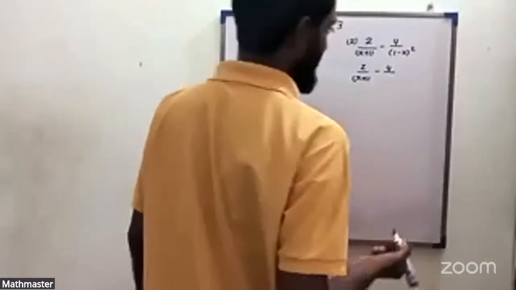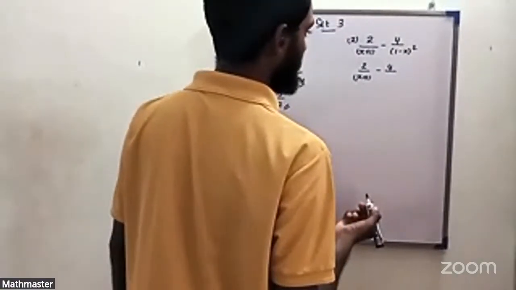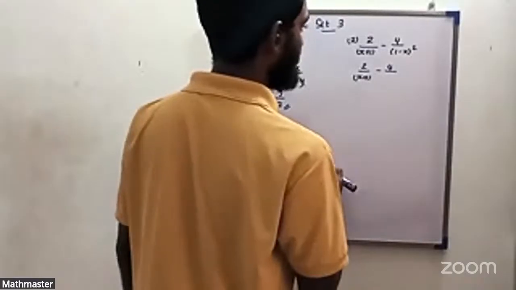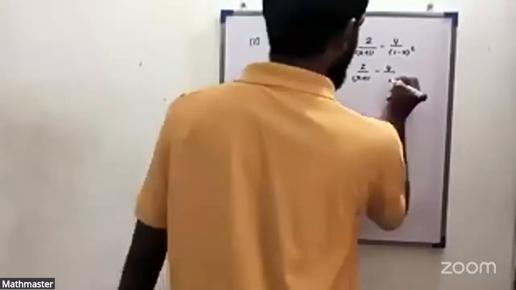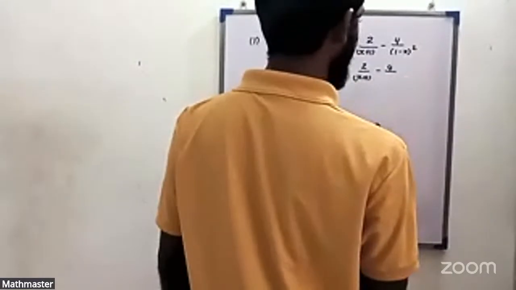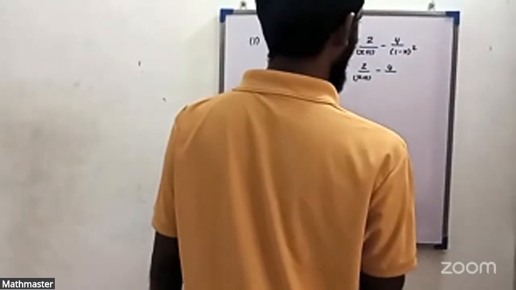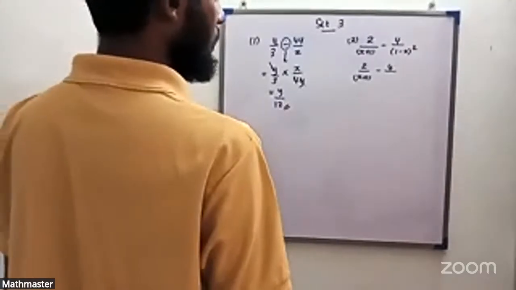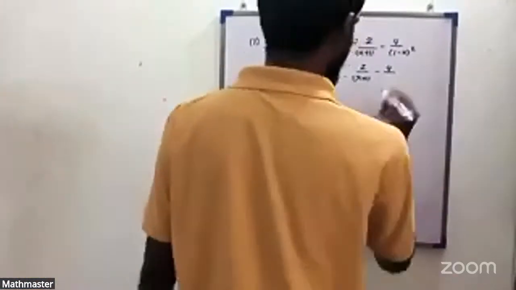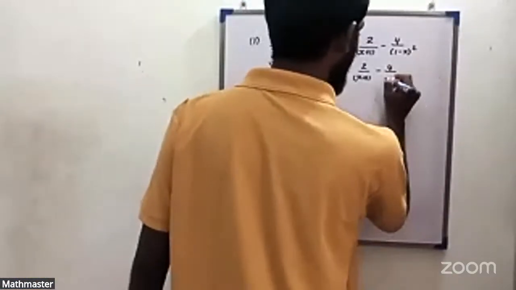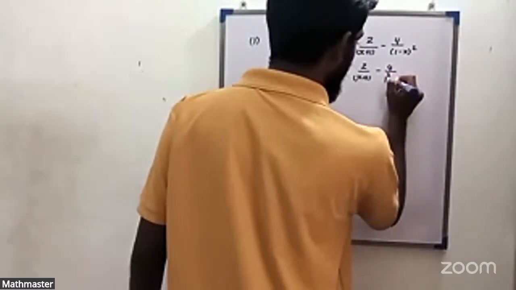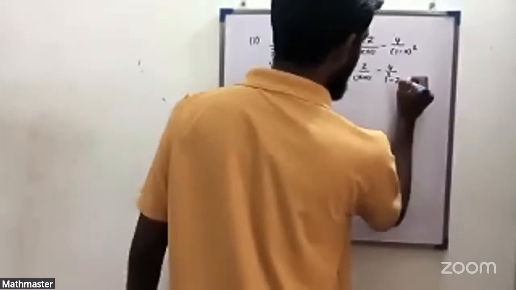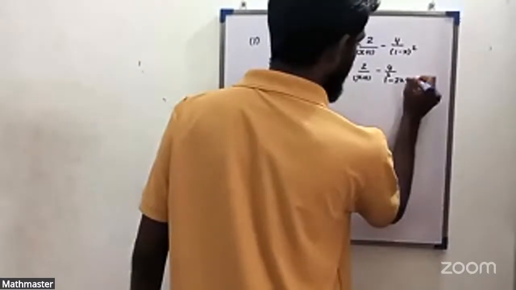Is it possible? No. Wait. This is 1 minus x squared. It's not a difference of squares, no. Then you have to expand the brackets. 1 squared minus 2x plus x squared.